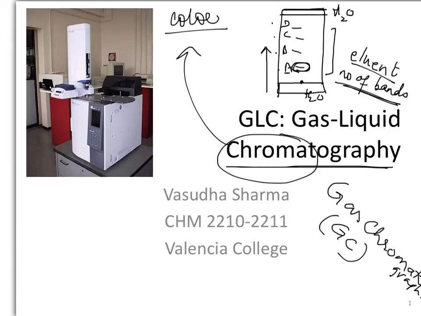There are various different kinds of chromatography, like column chromatography, high performance liquid chromatography, which is a very specialized tool in research these days. Of course, GC is what we are going to focus on. And TLC, thin layer chromatography. Those of you who have run a gel electrophoresis experiment before in biology, it's kind of similar to that.